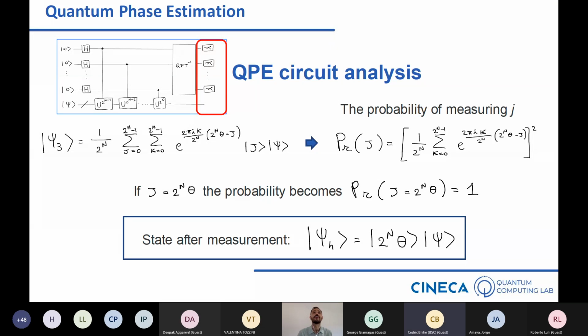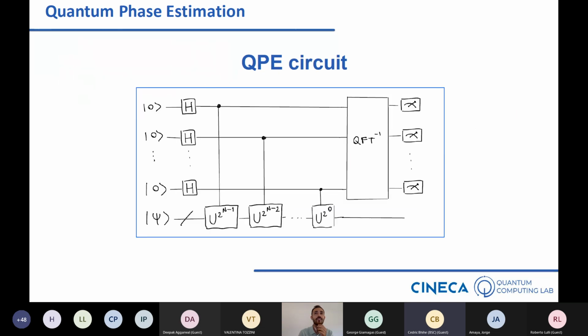What I'm saying, Ricardo, is from the very first circuit that you described.